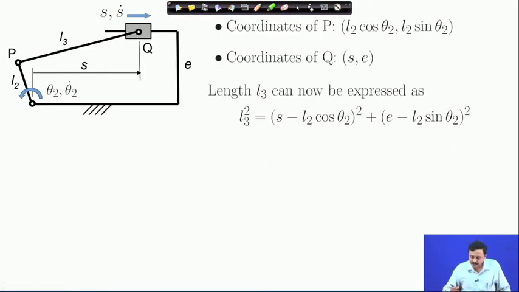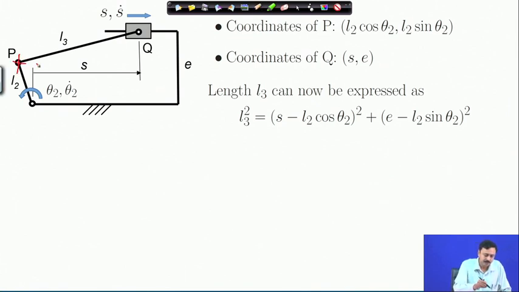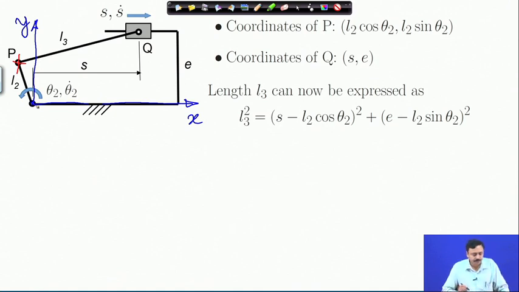As in the displacement analysis problem, we begin with the coordinates of point P. Let me draw out the coordinate system. So, this is our coordinate system. Just to recapitulate, we have this coordinate system with the origin at this hinge.